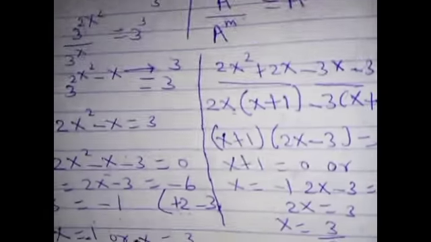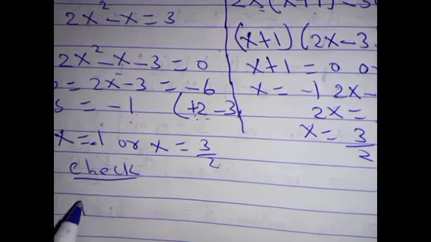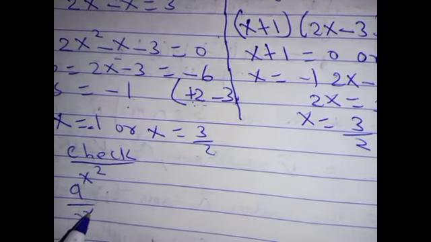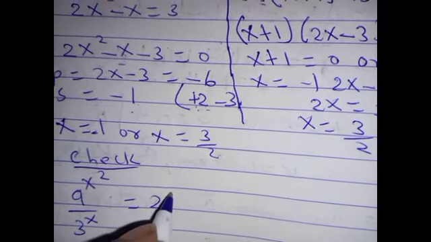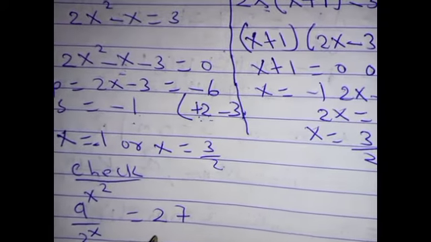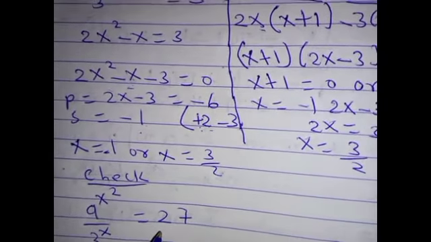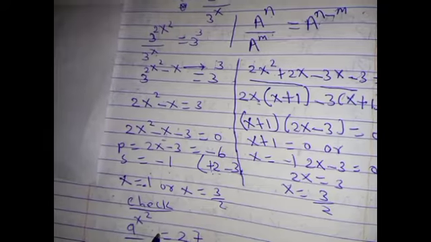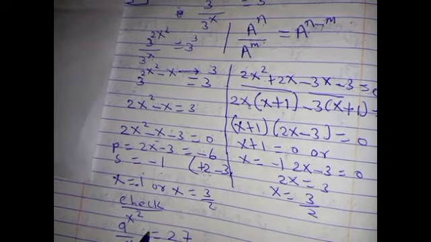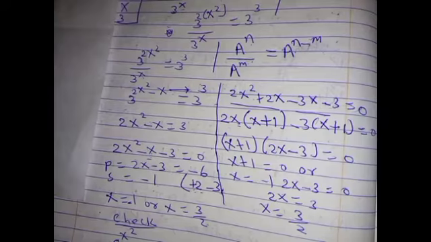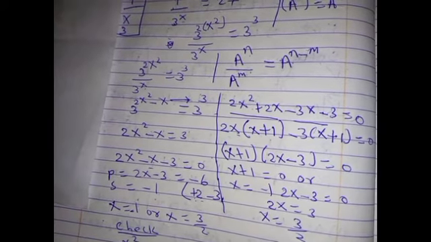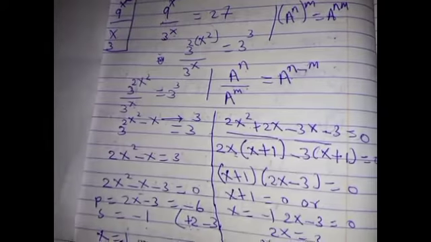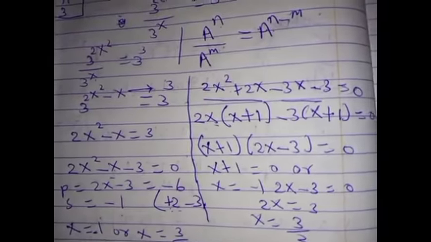So our equation was 9 power x squared divided by 3x is equal to 27. So we want to see the value which is valid there for us.